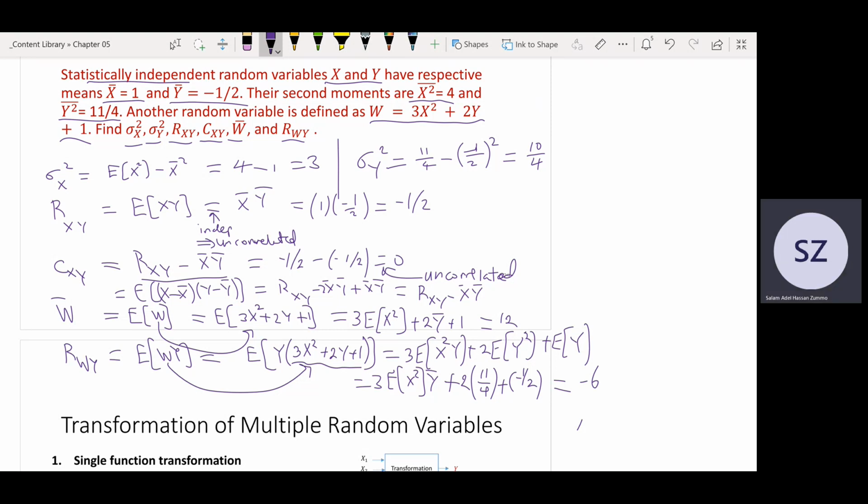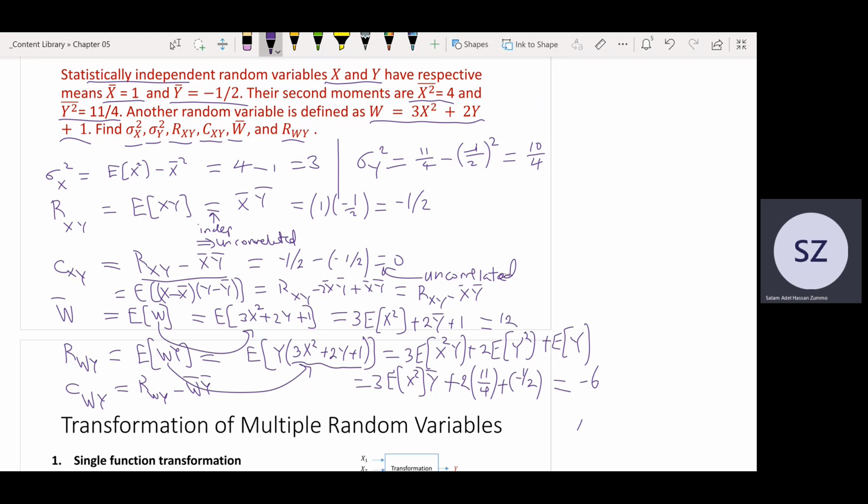Right. Now you can also find the covariance. Yes, you can do it, right? What is the covariance of W and Y? It's RWY, which we found already, minus W bar Y bar, right? And we have this, we have this, we have this, we can write.